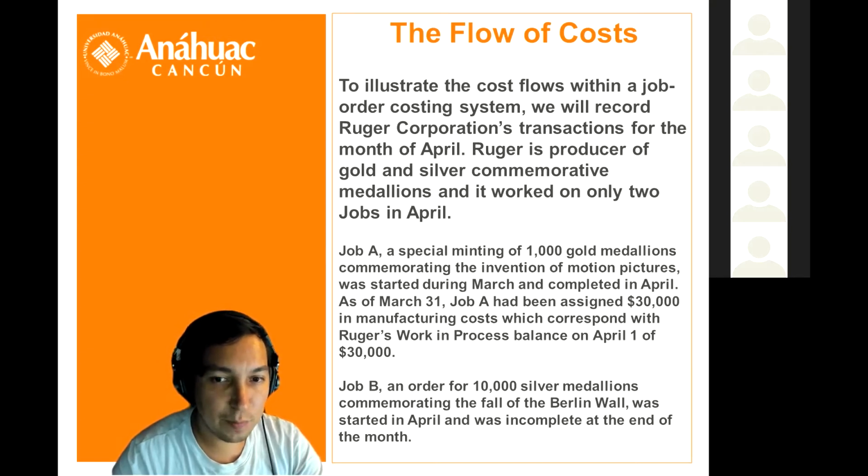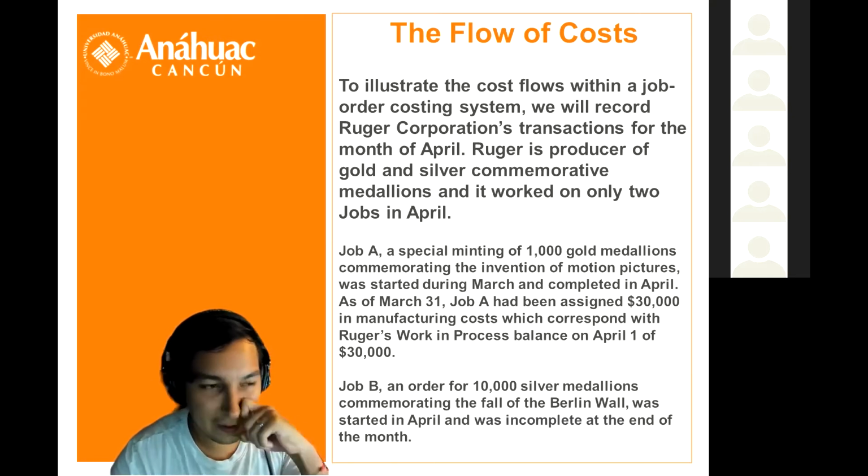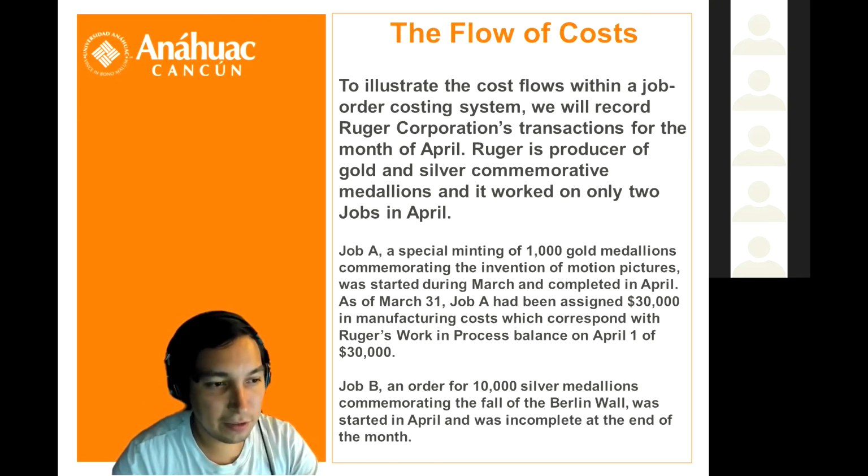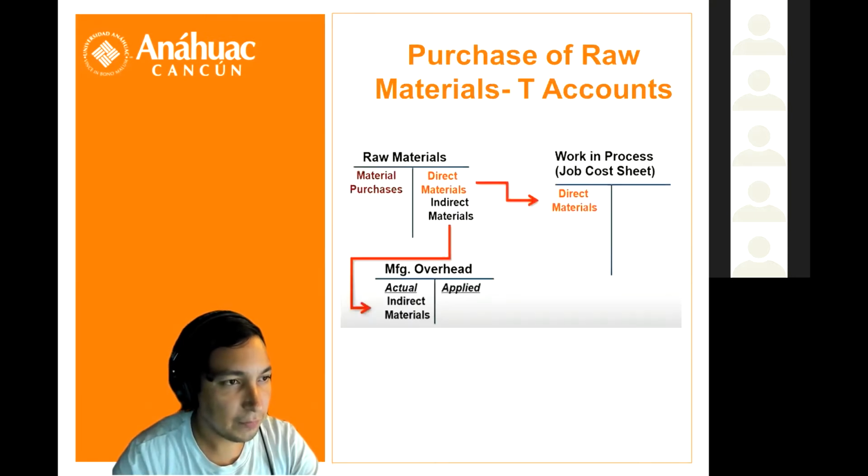And we have job B, an order for 10,000 silver medallions commemorating the fall of the Berlin Wall or the Empire. That was started in April and was incomplete at the end of the month. So job B is still going to be in work in process because it is incomplete.